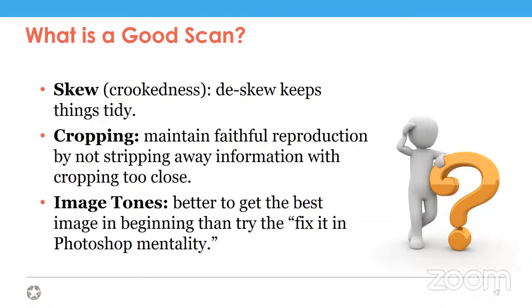You need to watch the skew, or the crookedness, of your scans. A lot of scanning software will have a deskew feature that you can use to straighten out your scans. But the better practice is to make sure you're trying to scan them as straight, as not crooked as possible.